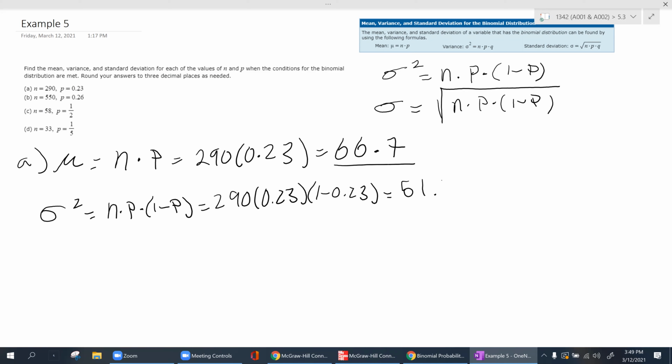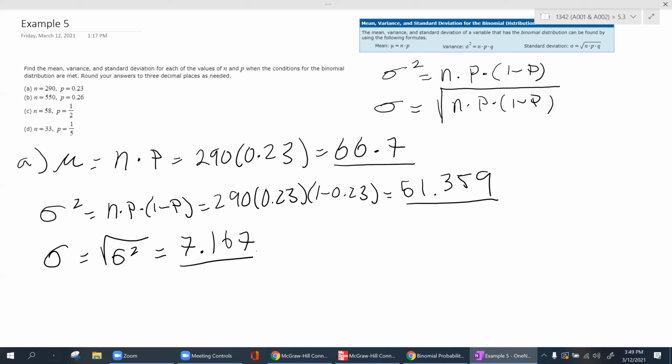That'll be my answer. And we know the standard deviation is just the square root of your variance, which ends up giving me, to 3 decimal places, 3.992. Very, very nice.